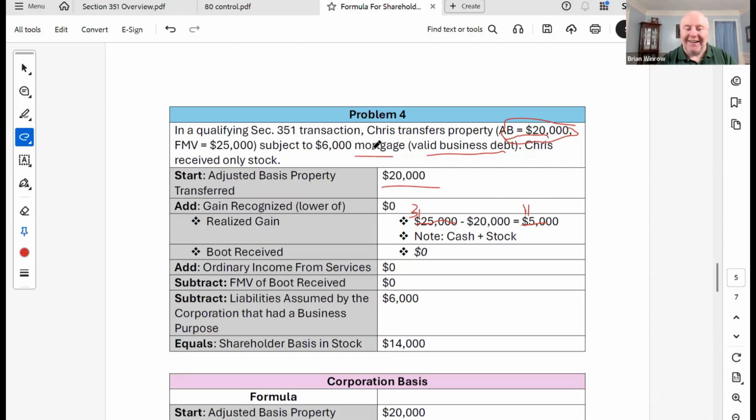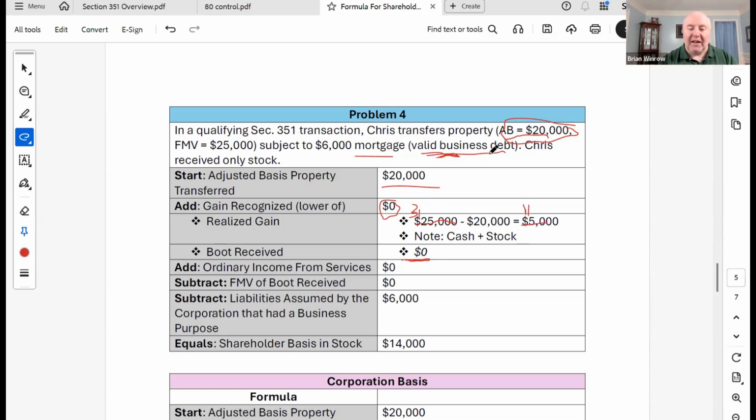Well, because this mortgage is a valid business debt, we don't have any, right? We don't treat it as boot received if it has a valid business purpose, and we do there. So we take zero as the lower of 11,000 or zero. So we go 20,000 plus zero, no services, no boot received. So those are all zeros.